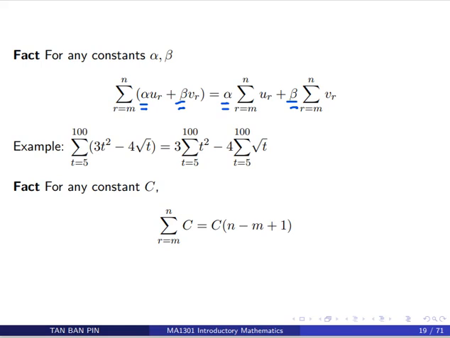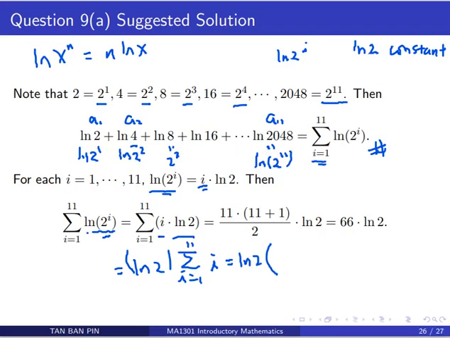And the next step is to work out the summation i from 1 to 11. You sub i as 1 is 1, you sub i as 2 is 2, so it's 1 plus 2 plus 3 until 11. So this is actually an AP, first term 1, common difference 1.